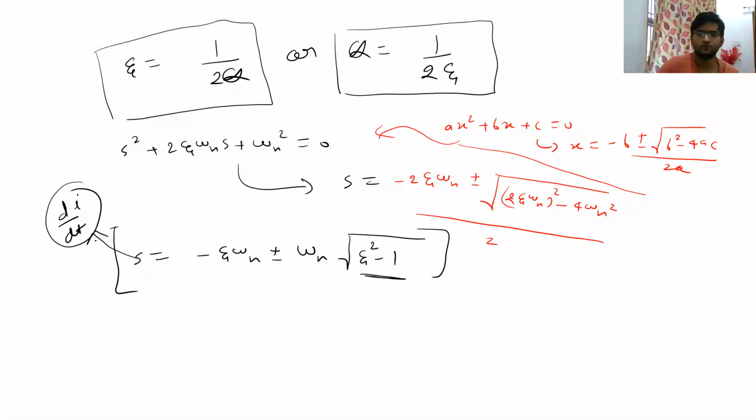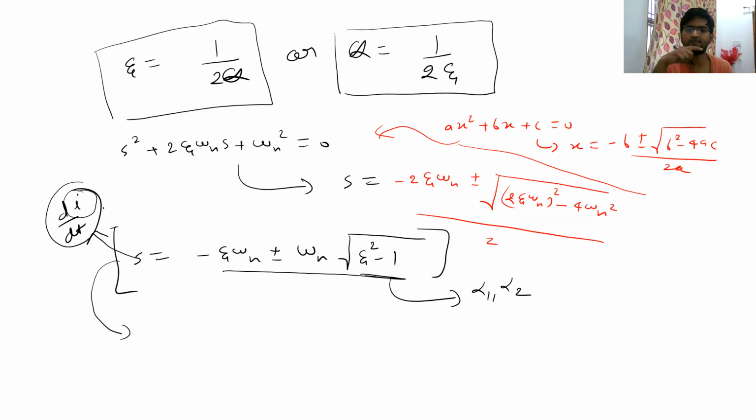So if you solve this particular differential equation using these roots, let me call them alpha 1 and alpha 2, if the roots are different and real, then what is going to be the solution for the current I? For those who are not able to understand it clearly, you have to revise the differential equation part of your mathematics.